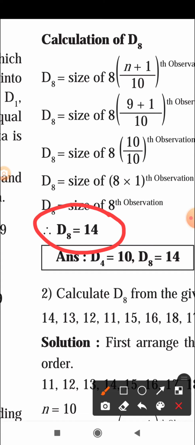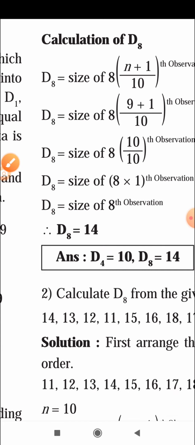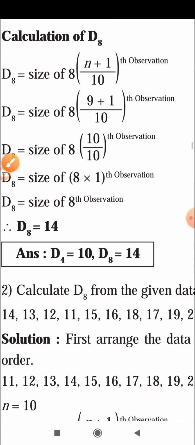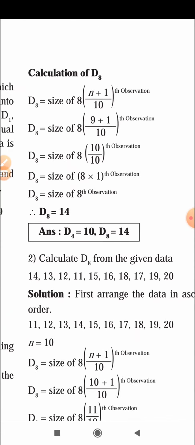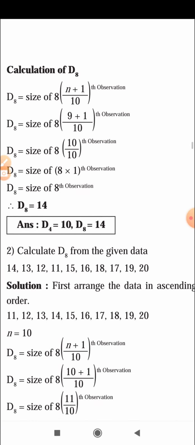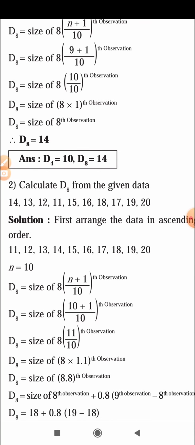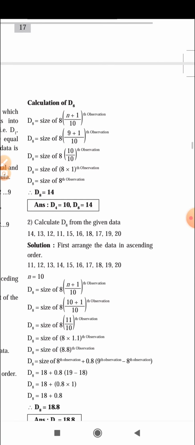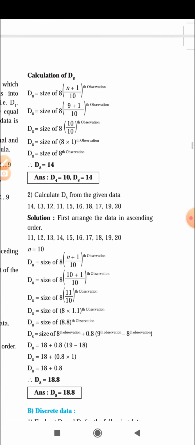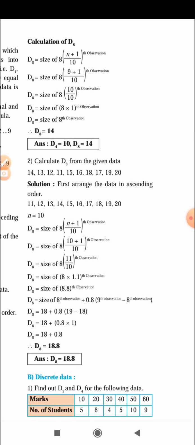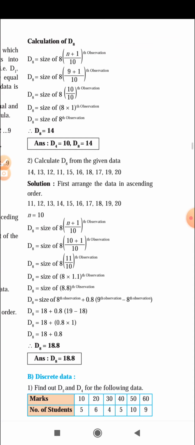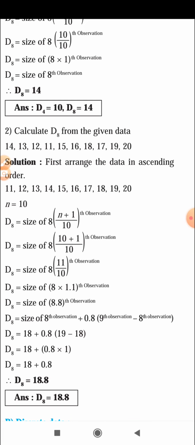Okay, next example, which has one adjustment as we discussed in the second or third video regarding adjustment while calculating the quartiles. So calculate D8 for the given data.